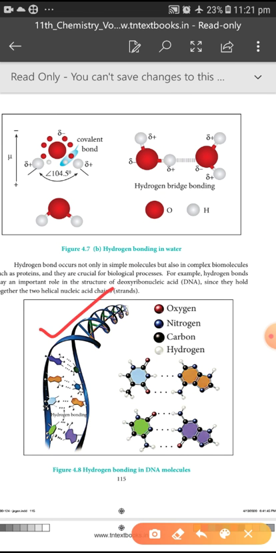Here is the DNA structure, two helical strands. Here there is oxygen, nitrogen, carbon, hydrogen.